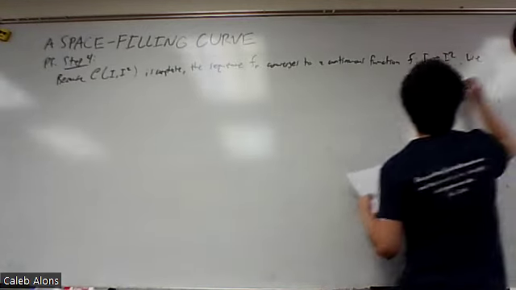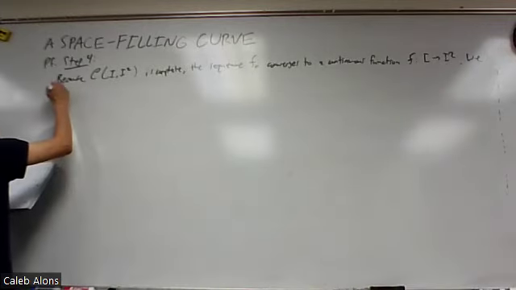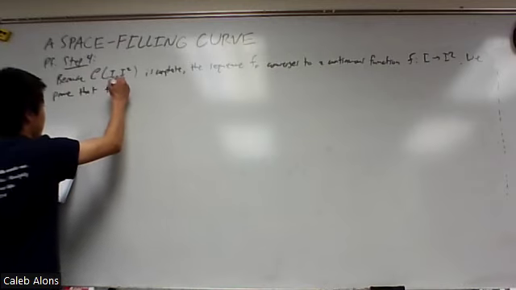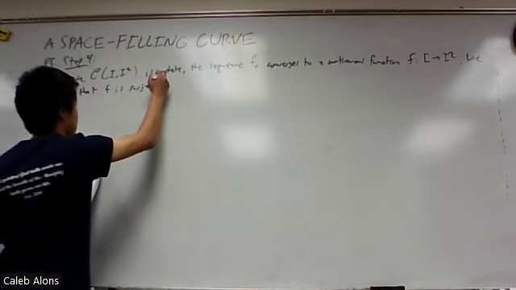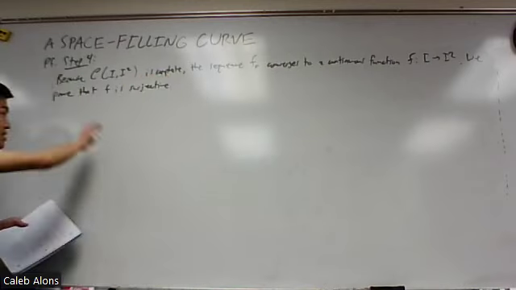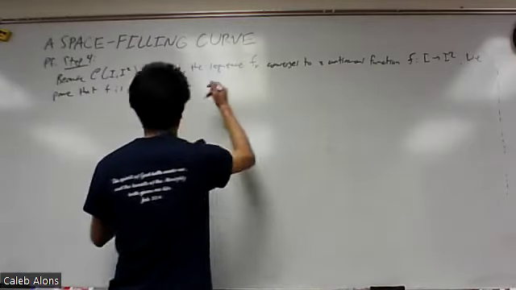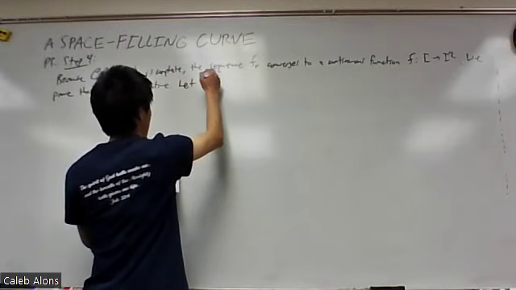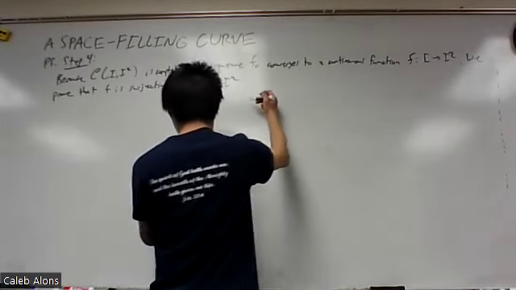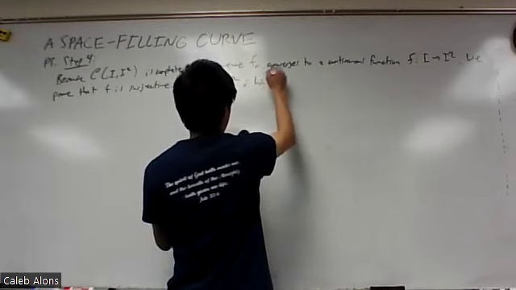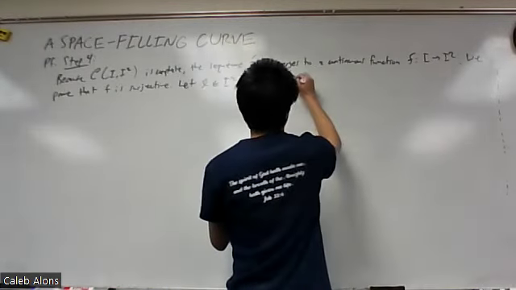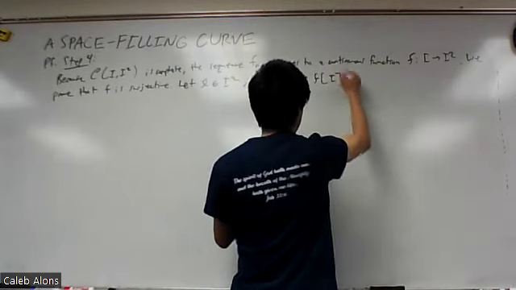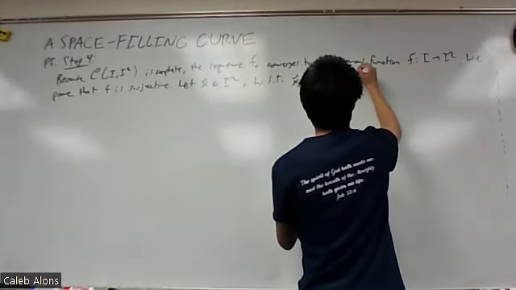So we prove that f is surjective. Just onto, that means its image will cover everything inside of the square. Let there be a point in the square, and now we will show that it's impossible that it would not be in the image of this continuous map.